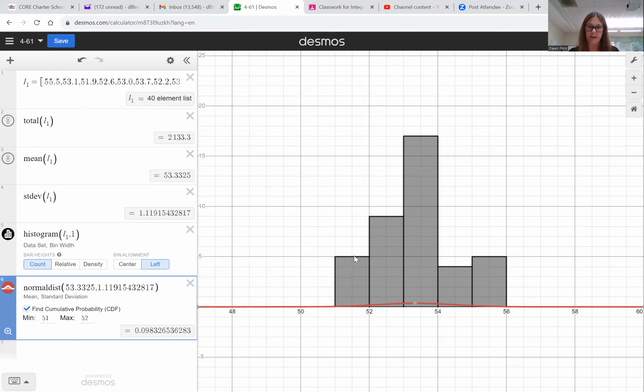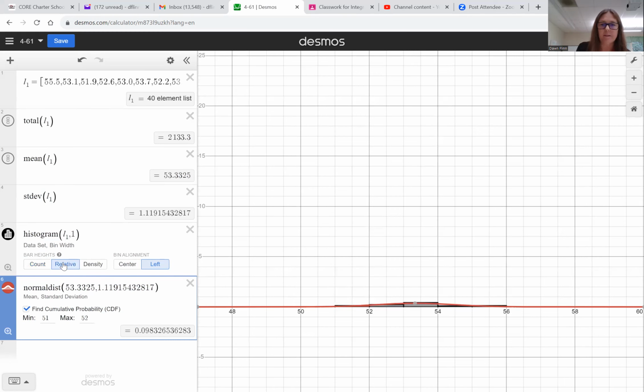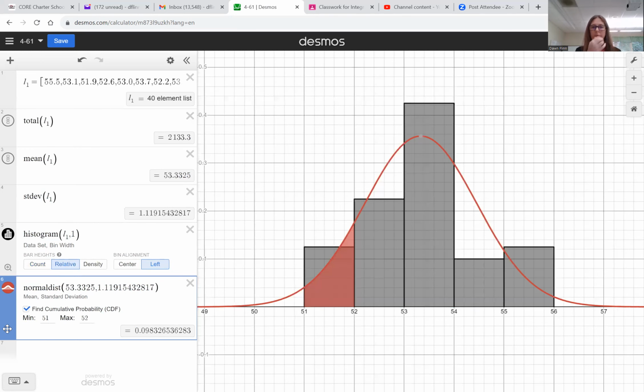So that means it's 5 out of 40. So 5 data points out of all 40 went into that bin from 51 to 52. If I go 5 divided by 40 on my calculator, I end up with 0.125, which is about 12.5%.